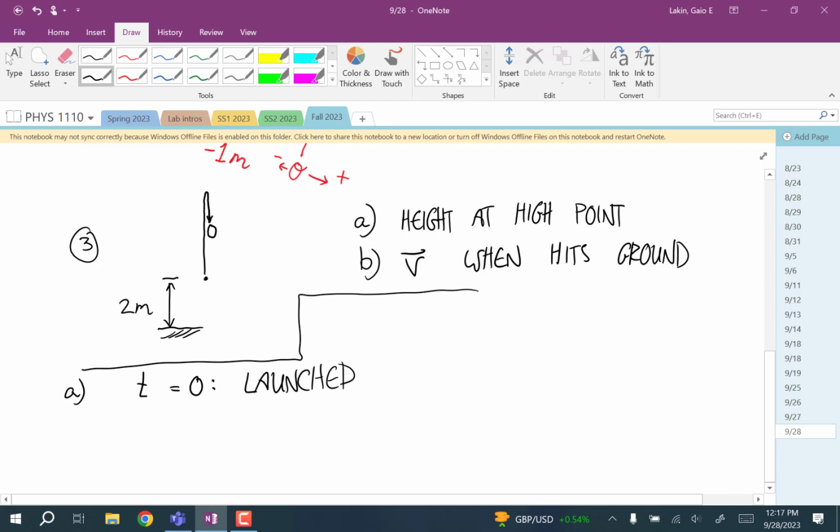And for part A, if you're trying to figure out something at the highest point, you need your time final to be at the highest point. Otherwise, you can't do this problem. And then we have to choose a 0 position and a positive direction. I'll choose them like that.